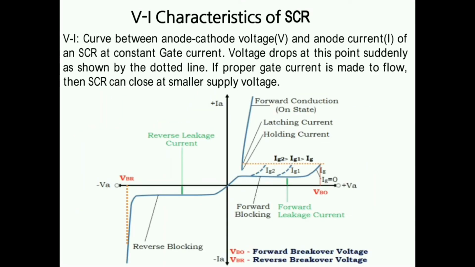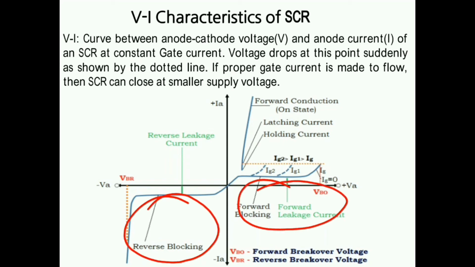Now the most important thing to remember about the SCR is the VI characteristic. In the VI characteristic, you have to remember three different regions. The first is the reverse blocking region, the second is the forward blocking region, and this is the forward conducting region.